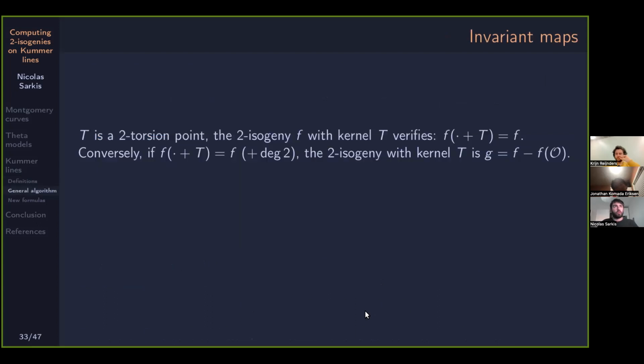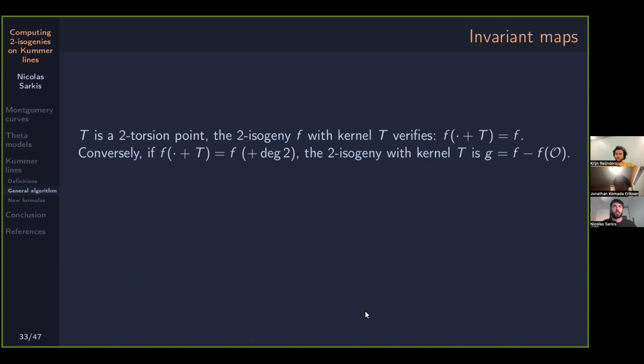So now I will describe the algorithm of how to compute two isogenies, because this is what I want to talk about. What we see is that a two isogeny with kernel T is invariant by a translation by T, because T is in its kernel.